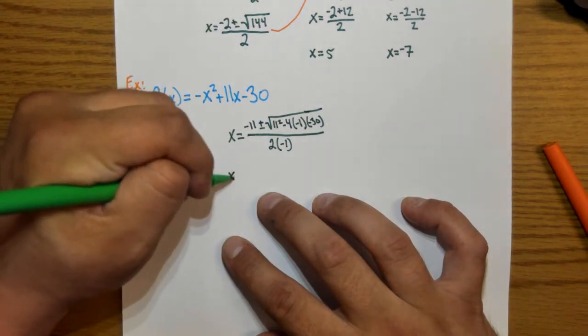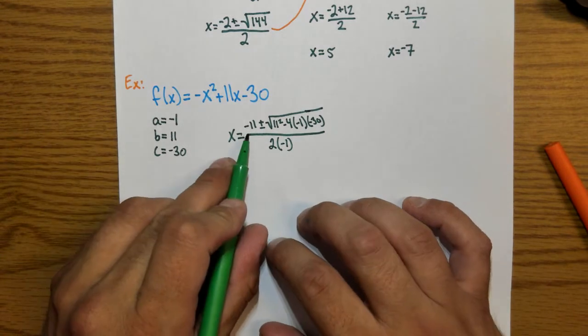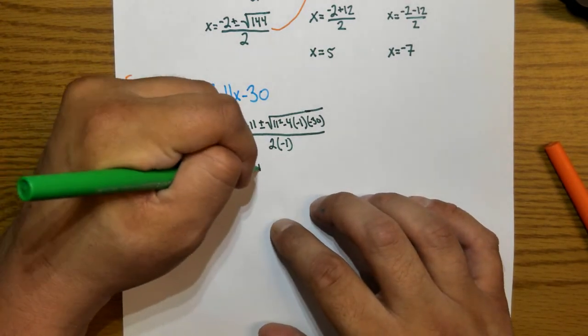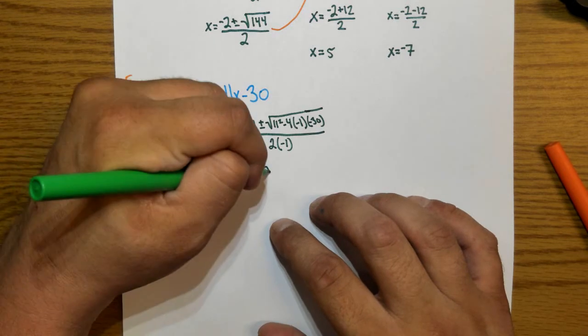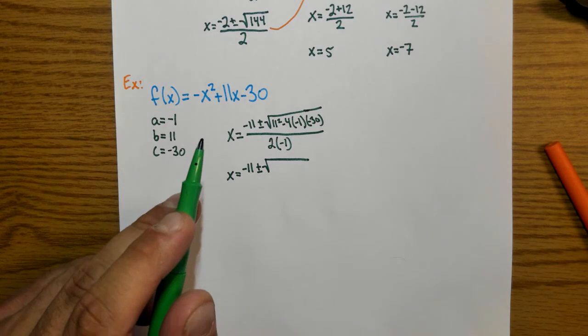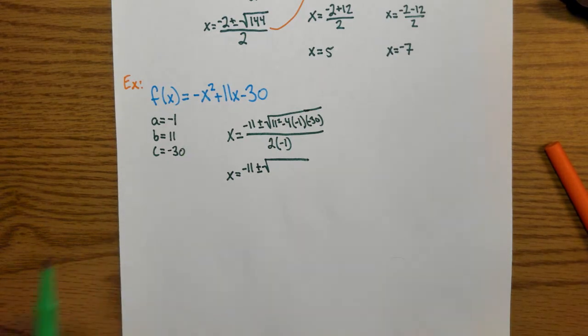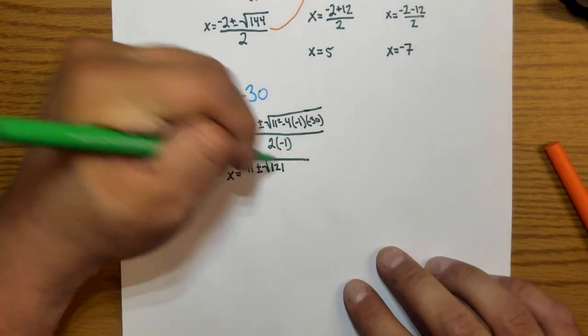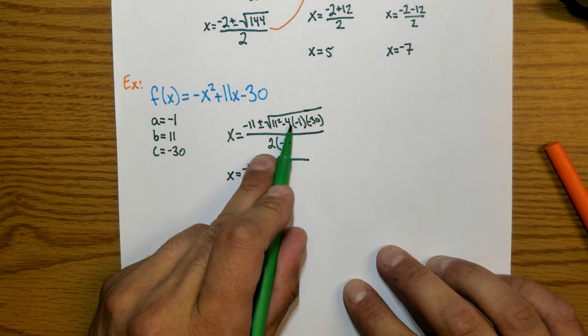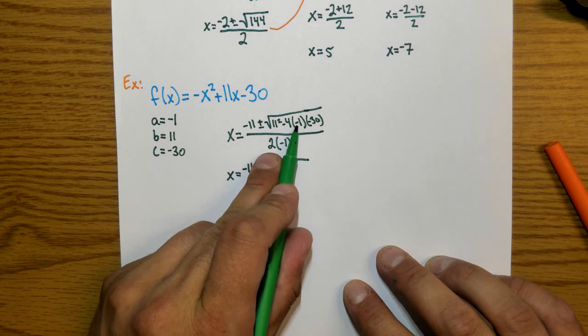Okay. So x equals, now let's simplify just like reading a book again. So negative 11 plus or minus the square root of 11 squared is, I believe, 121. Let me just double check. Yes, it's 121. And then negative 4 times negative 1 is positive 4.